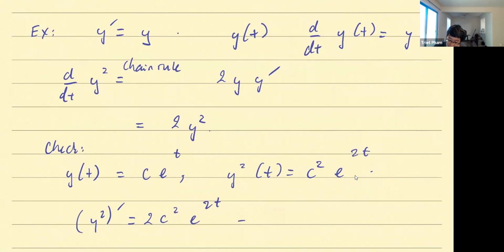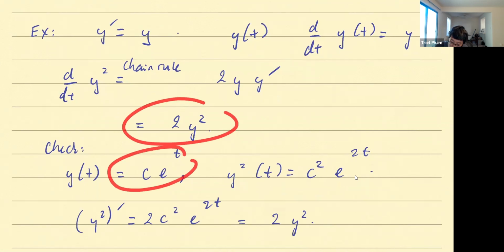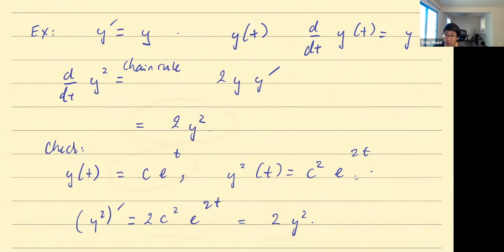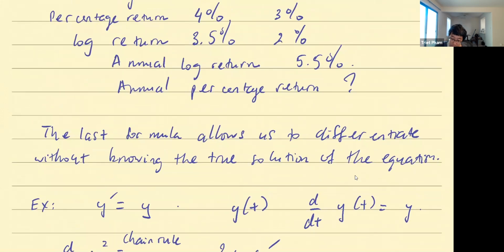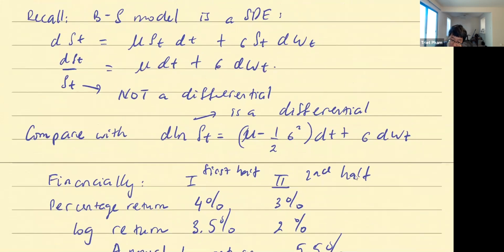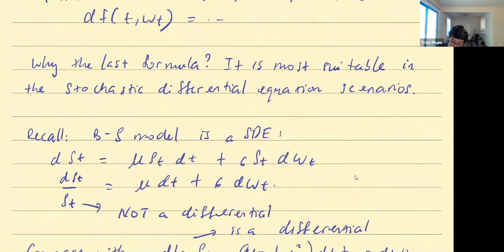But isn't that 2y squared? So the point is, you can operate with differentials in the dark without needing to know the solution. That's the virtue of the Ito formula. Any question?